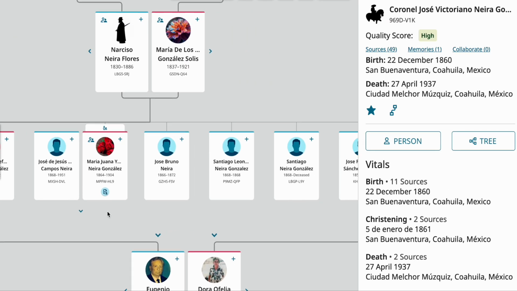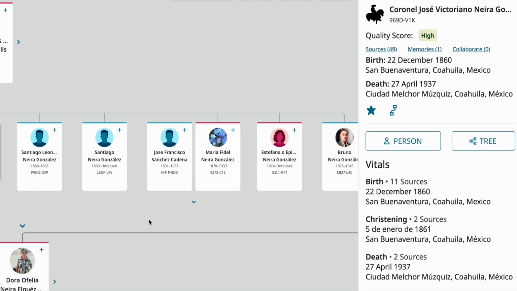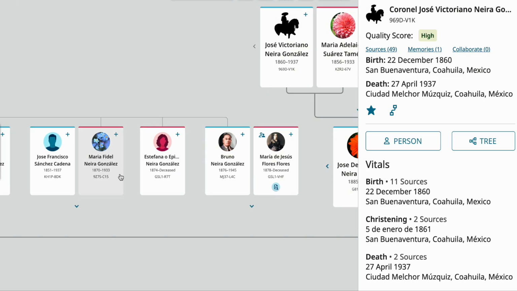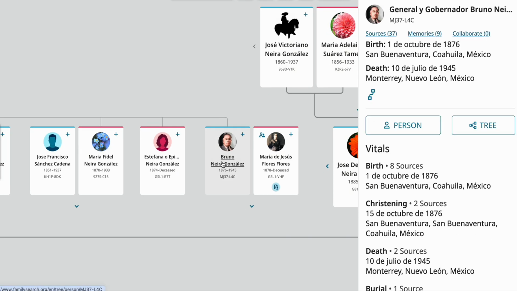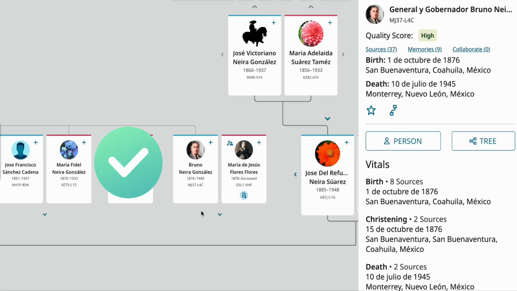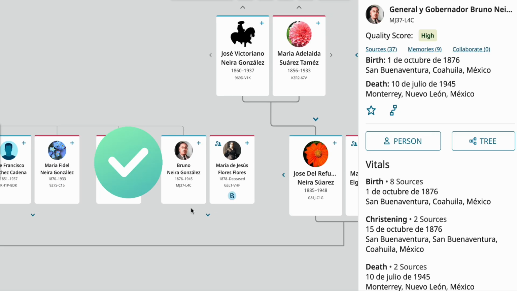Now, the very youngest one was none other than Bruno Neira Gonzalez, also known as General and Governor Bruno Neira Gonzalez. As you can see, he was a very prominent figure in Coahuilan Mexican history during the Mexican Revolution. He was a lawyer, Mexican revolutionist, and of course governor of Coahuila.